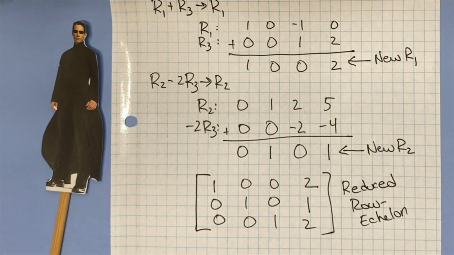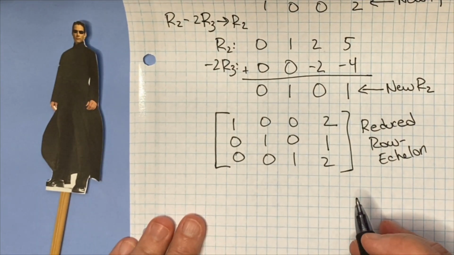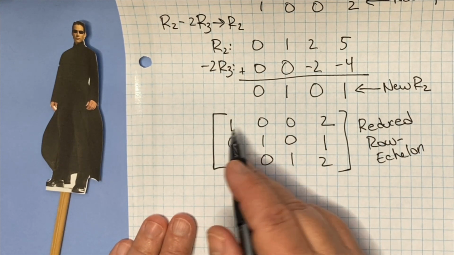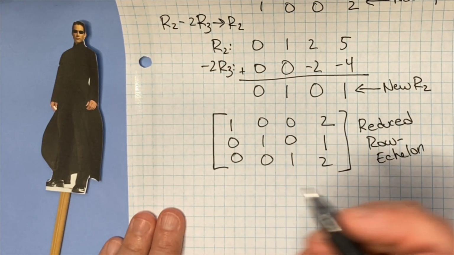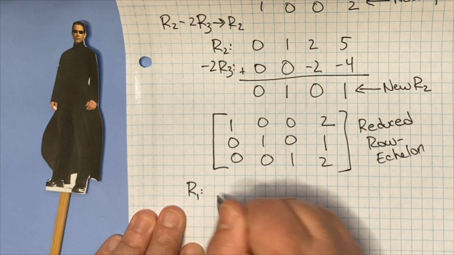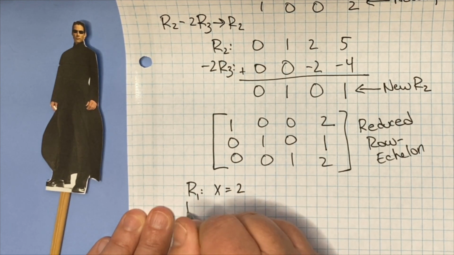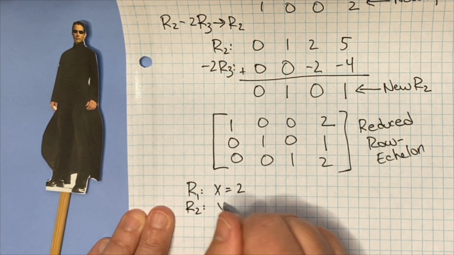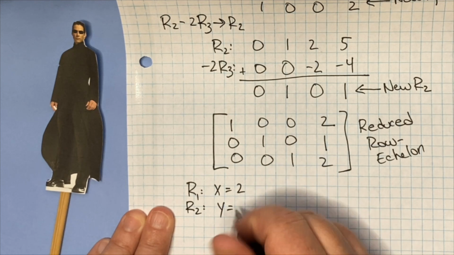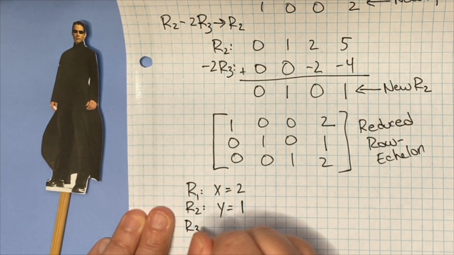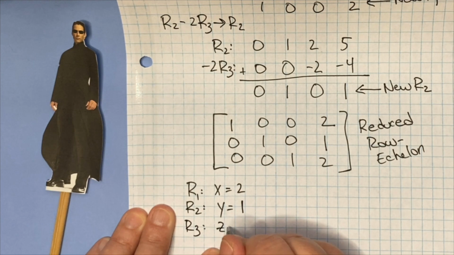Okay, we got to pause the dance party because we got to actually answer the question. And the question tells us we've got x equals 2. Row 2 tells us y equals 1. And row 3 tells us z equals 2.